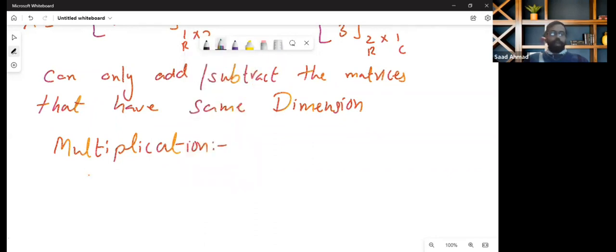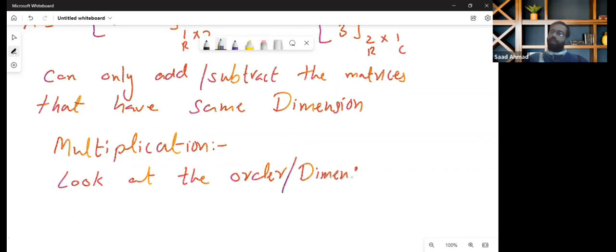To multiply matrices, what we need to look at is the order or dimension, which are the same thing, of the matrices that we are multiplying.